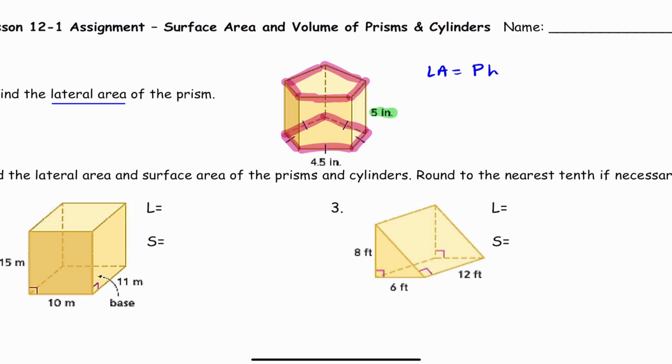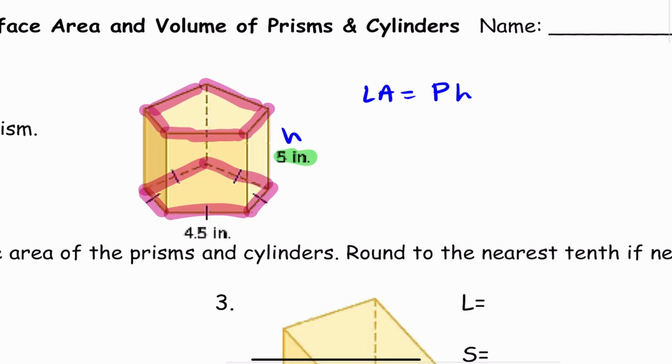That's the height right there. It's 5 inches. So P is the perimeter of the base, and H is the height of the prism.